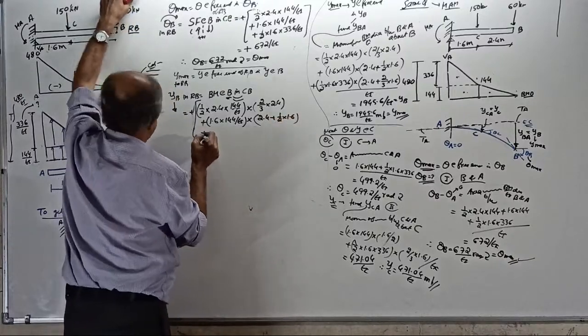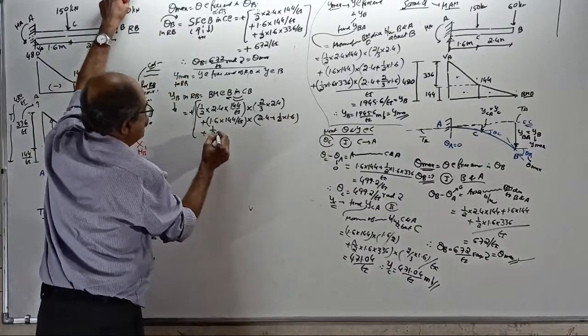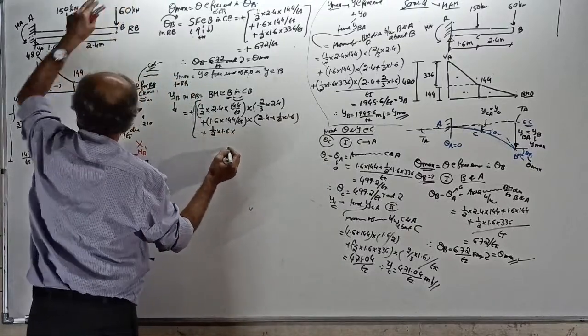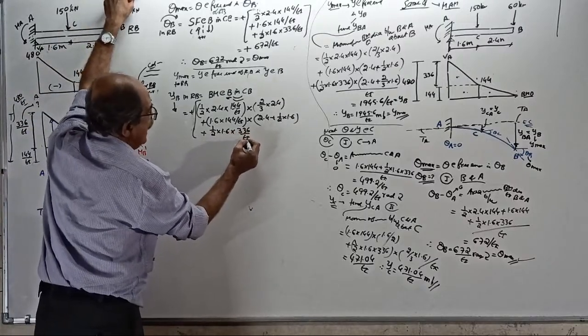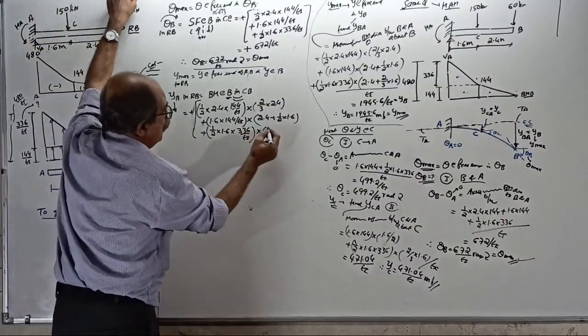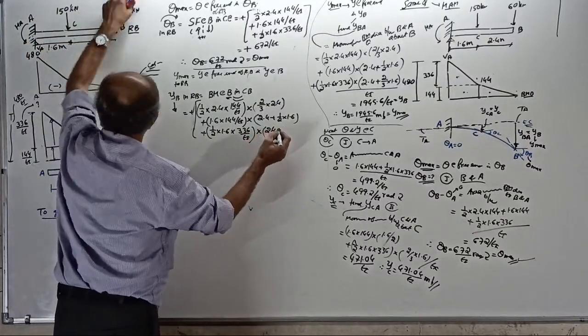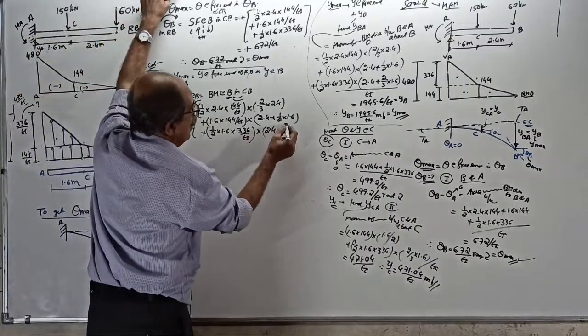Lastly, plus half into 1.6 into 336 by EI is the triangle into 2.4 moment about B, plus from here to CG is 2/3 of 1.6.